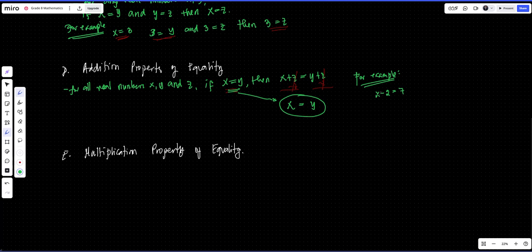So we're looking for the value of x, right? So in this part, we can apply the addition property of equality, or other term for this one is APE. So in this part, we have to add 2 here. We have to add 2, okay? You also have to add 2.